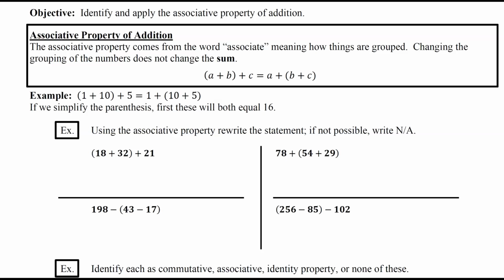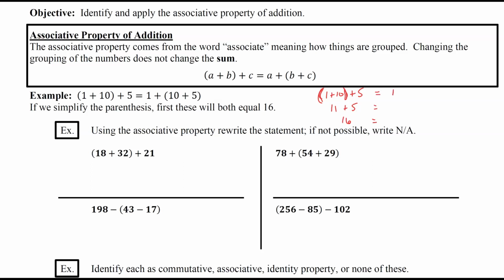So if I start on the left hand side, that 1 plus 10 plus 5, and I do the grouped items together first, so the 1 plus 10 is 11, and then I add the 5, I would get 16. And the question is, does that equal the right hand side?